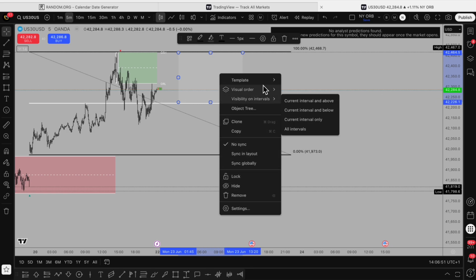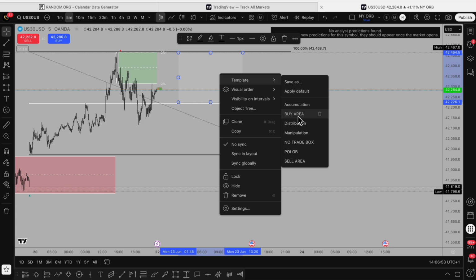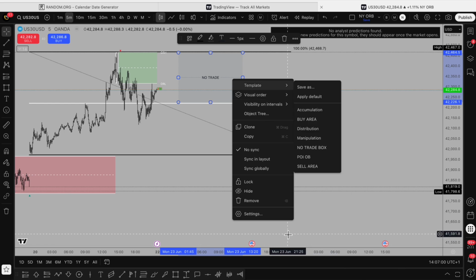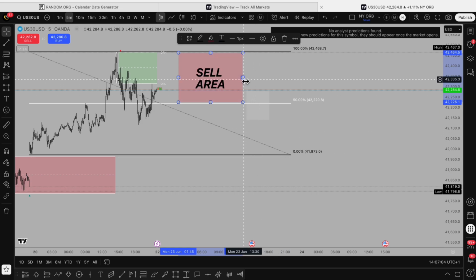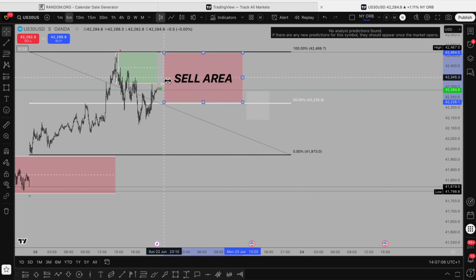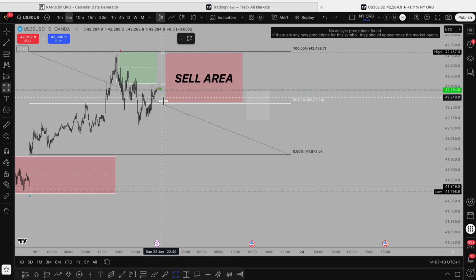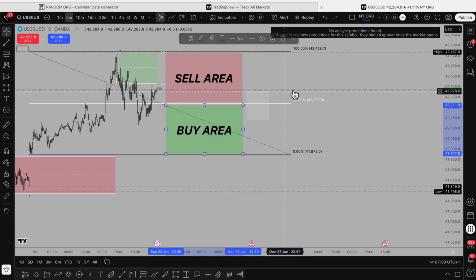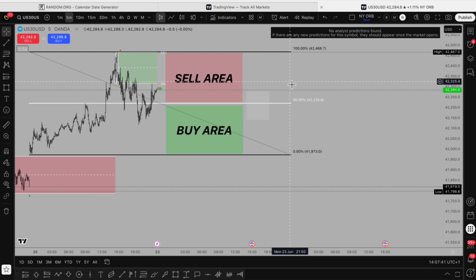Now this is going to be my sell area. This is where I'm looking for sells. And we'll draw another rectangular box here. This is going to be my buy area.